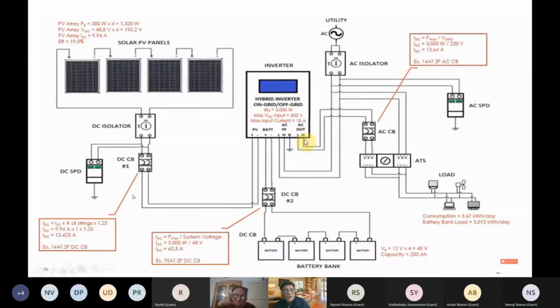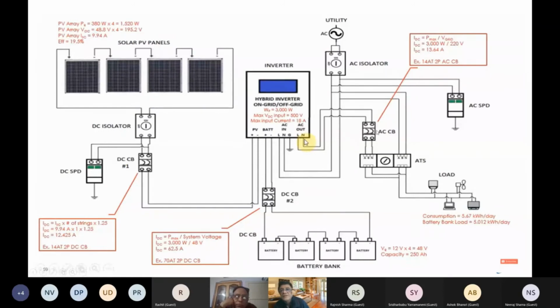The input DC circuit is a 14 ampere 2-pole circuit breaker. The battery bank is calculated from the 3 kilowatt inverter rating and the 48 volt battery bank rating, so it's a 70 ampere 2-pole circuit breaker.